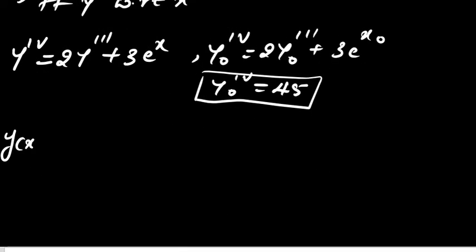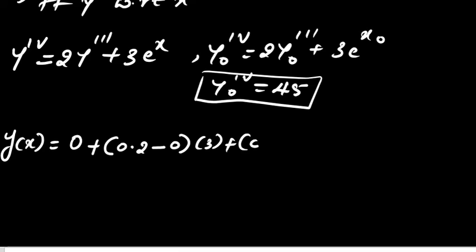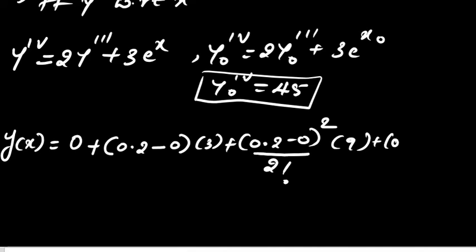The formula of the Taylor series: y of x is equal to y naught, which is 0, plus x minus x naught, where x is 0.2 and x naught is 0, into y naught dash. y naught dash we have got as 3, plus x minus x naught, that is 0.2 minus 0, the whole square by 2 factorial into y naught double dash, which is 9, plus 0.2 minus 0 the whole cube by 3 factorial into 21.